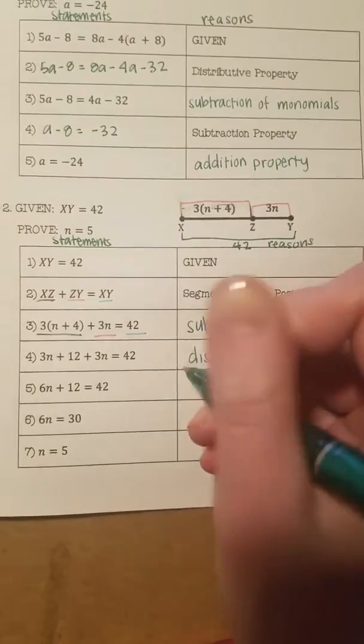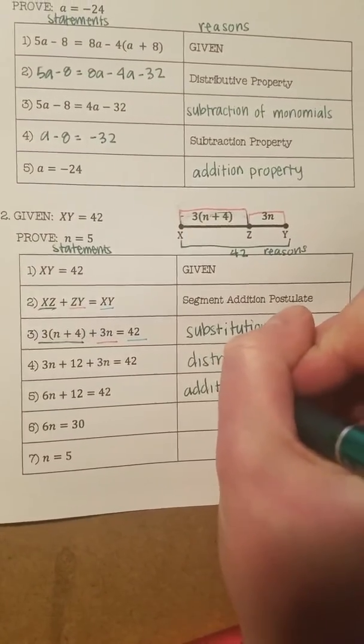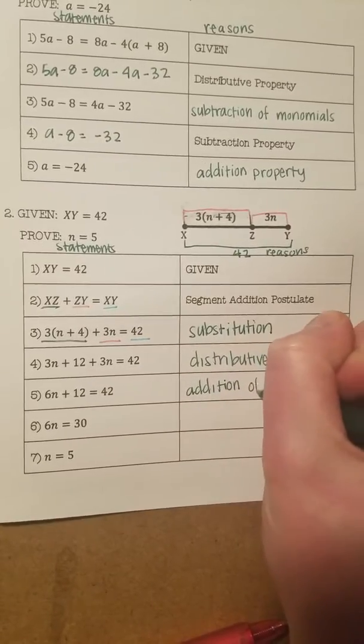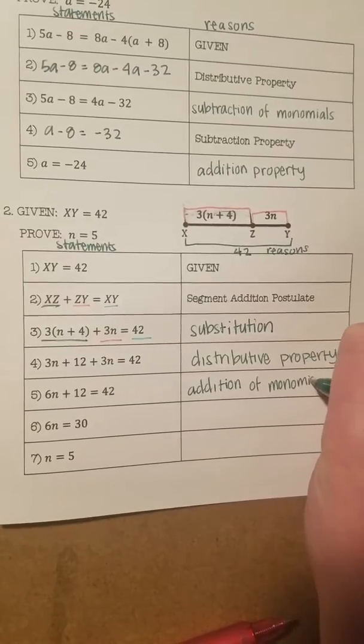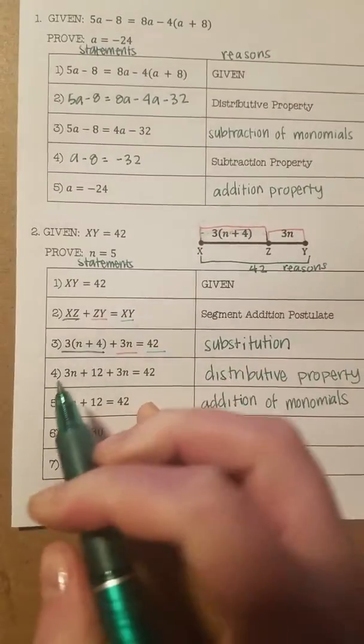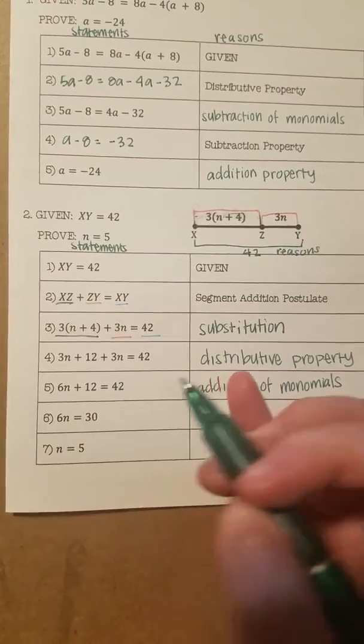Then we use addition of monomials to combine like terms. So 3n plus 3n is 6n, and the 12 just comes down. It still equals 42.